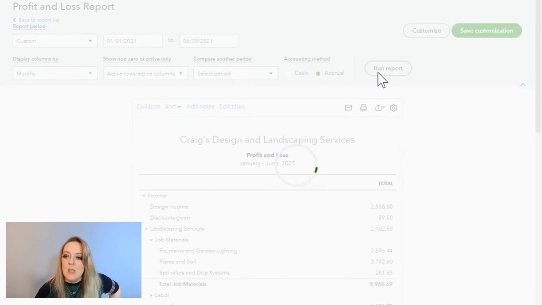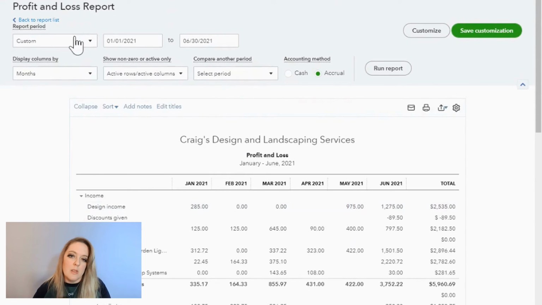We're going to run the report. Now, before we even look at this, I would like to say that there's certain things that we know about landscaping services. Typically, a landscaping service is going to be a very cyclical business, meaning that they have periods when they're really busy and periods when they're not so busy.